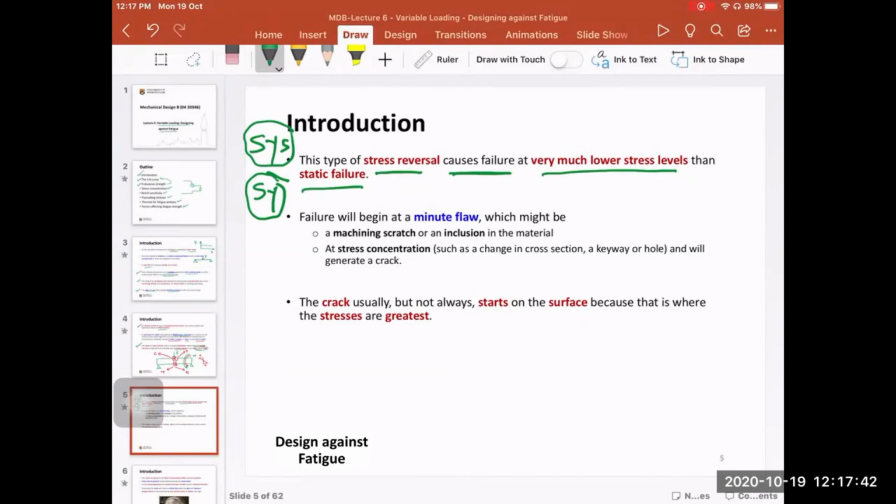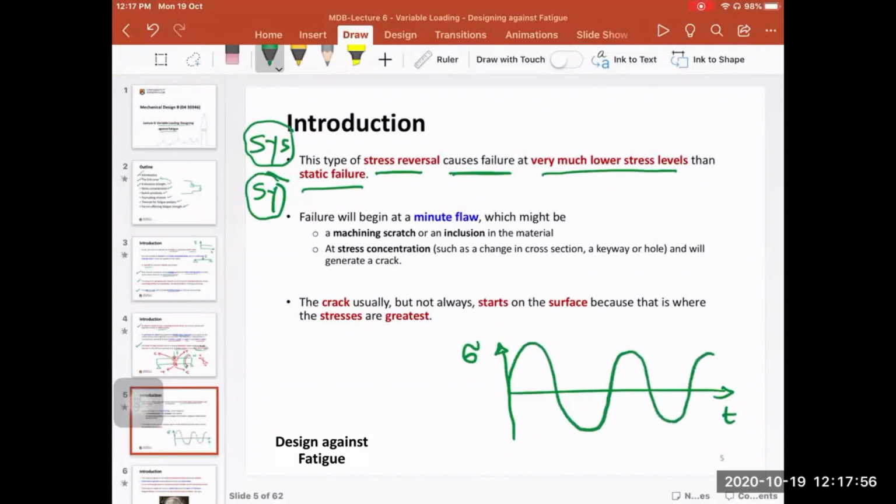But in this case, when the stress itself, let's say we have time here, we have the completely reversed case, we have sigma, and if we have sinusoidal load, the stress varies sinusoidally over time. So in this case, we have what's called the endurance strength S_E that governs the failure here.